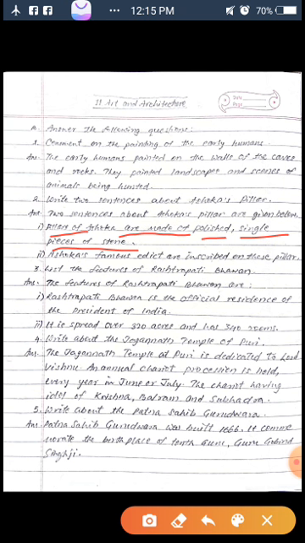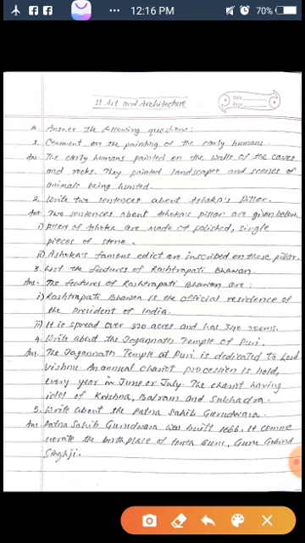And point number 2, Ashoka's famous edicts are inscribed on these pillars.